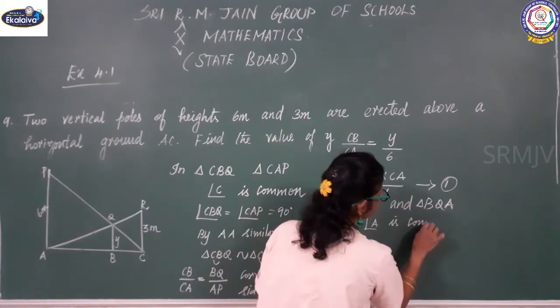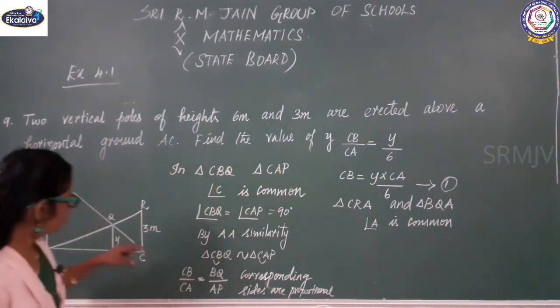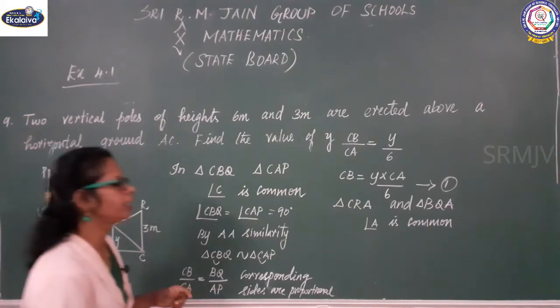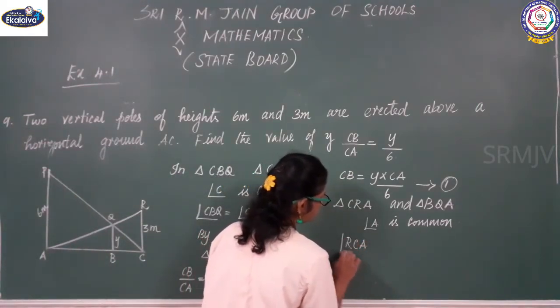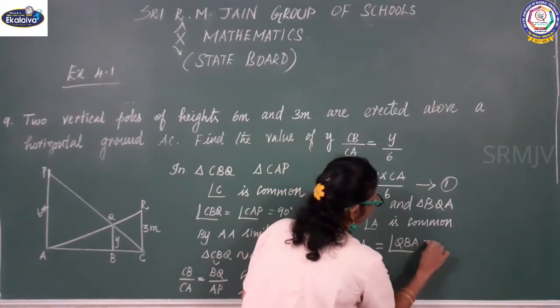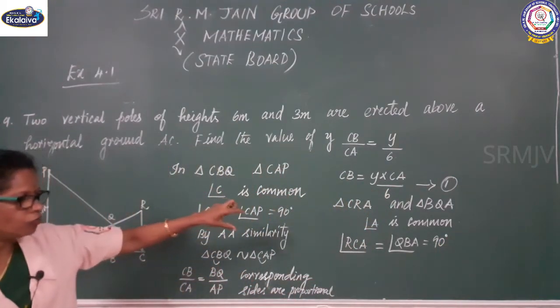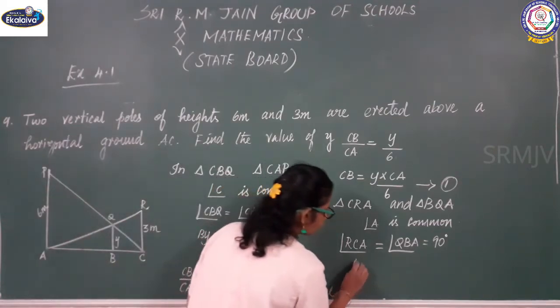Then angle RCA equal to angle QBA equal to 90 degree, right? Now which similarity? AA similarity, right?